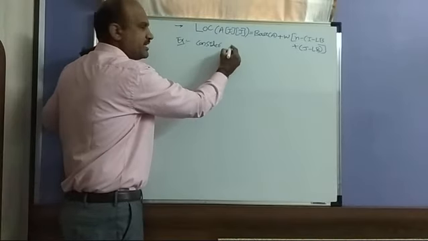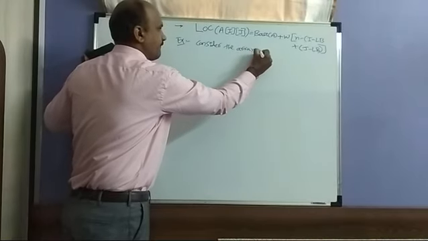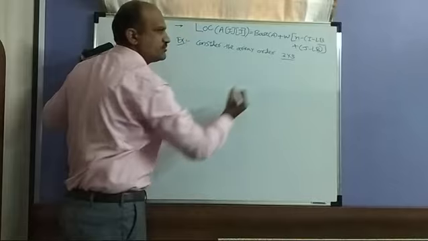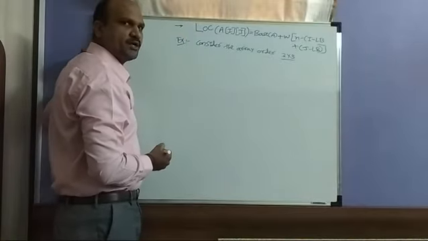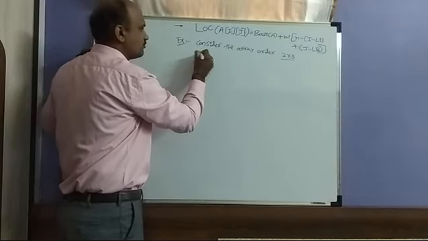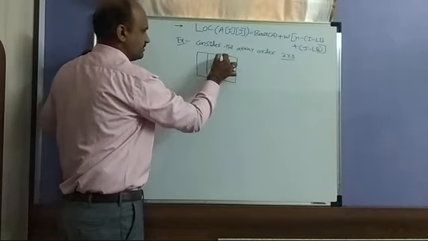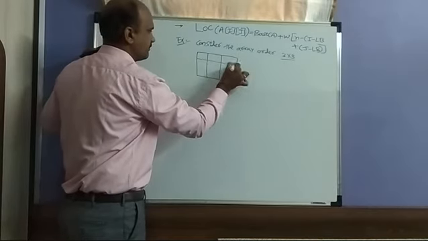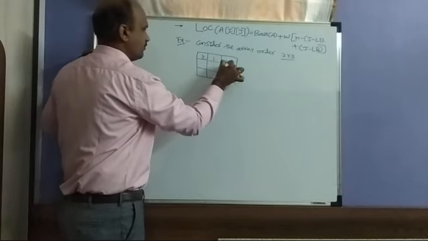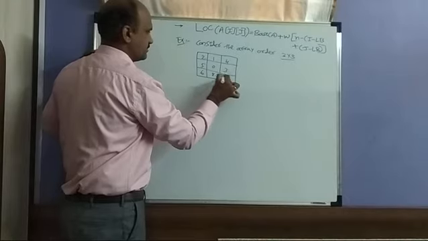Consider the array order 3 into 3, that is 3 rows and 3 columns. The elements are 2 1 4 5 0 3 6 8 9.